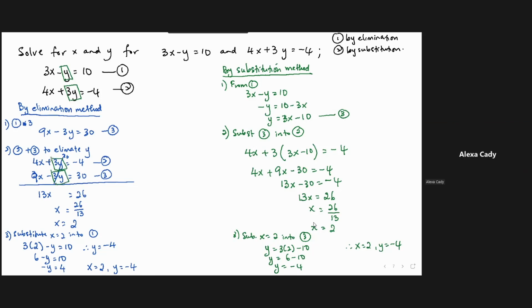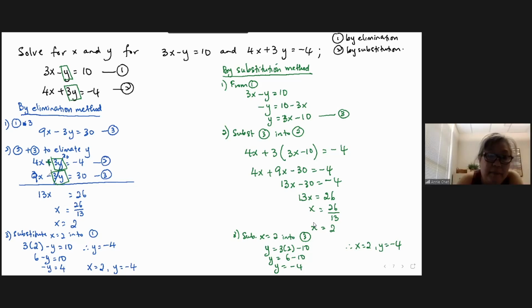Because they are naturally a plus and a minus, that's the reason why I decided to make y the same. So then all I have to do is just add both equations up. It's cleaner. But if they don't have that, then I can make x the same. I can multiply the first one by 4 and then the second one by 3, which is more work.